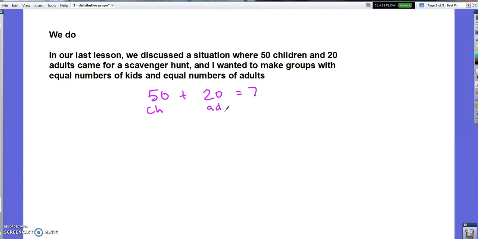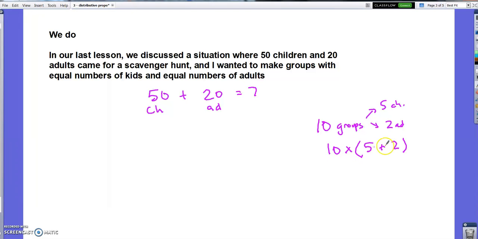So we looked for some common factors, and one was 10, right? We decided I could make 10 groups. And if I made 10 groups, then there'd have to be 5 children and 2 adults in each group. So if I write that with the distributive property, that means I have 10 groups, 10 times, 10 sets, and each set has 5 children and 2 adults.